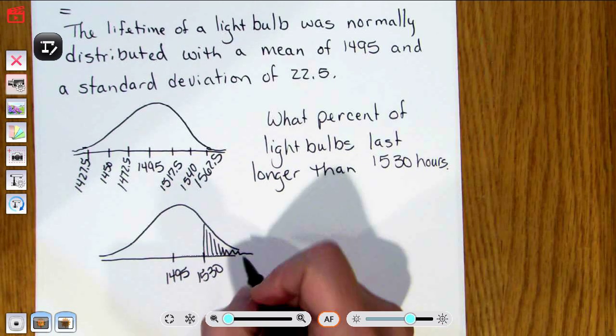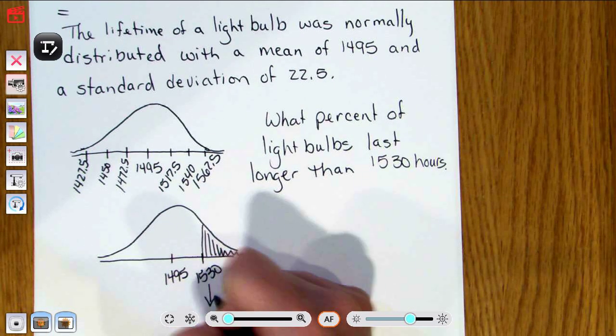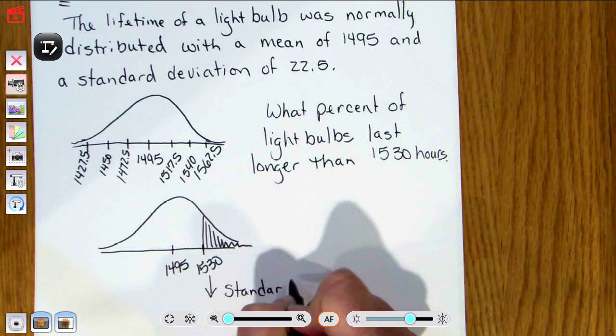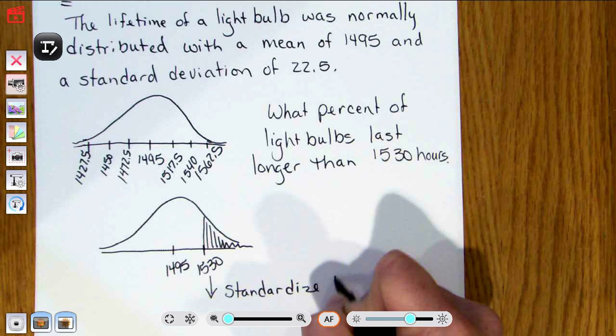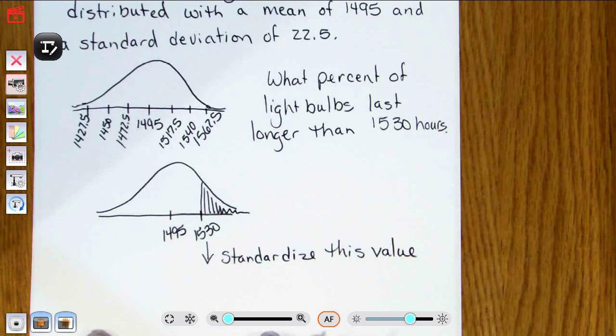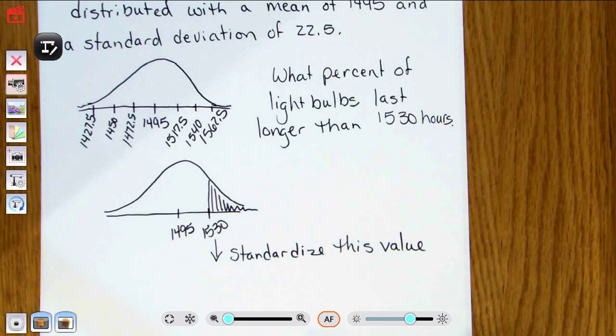But what we can do is standardize this value. That word standardize is something I've been using in my teaching career, and I'm hoping it makes sense to you.